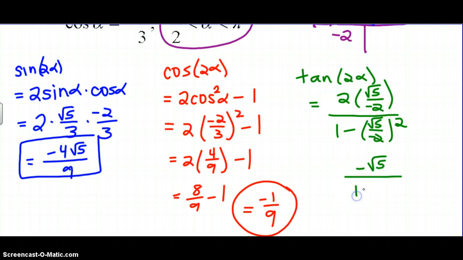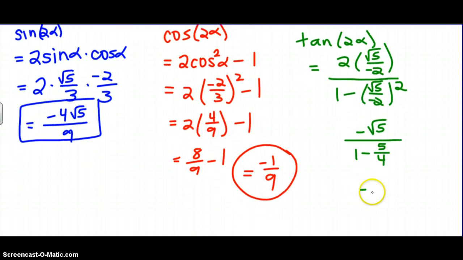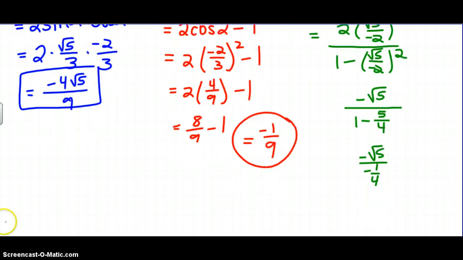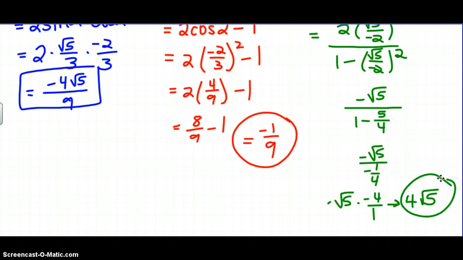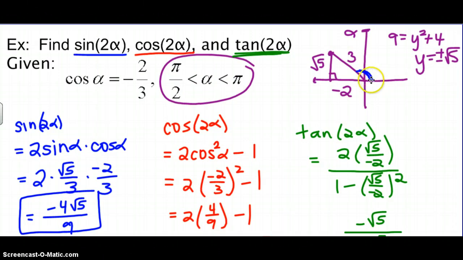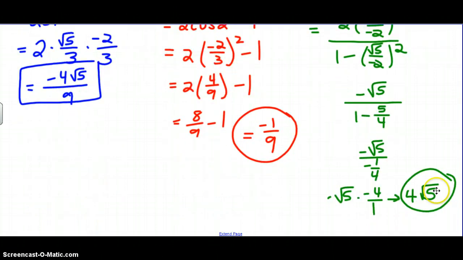On the bottom, I'm going to get 1 minus 5/4. So keep going with my fractions, negative root 5 over negative 1/4. Multiplied by a reciprocal, I'll get negative root 5 times negative 4 over 1, which ends up being a positive 4 root 5. If my double angle ends in the third quadrant, it makes sense that tangent ends up being positive. So that's a way to justify your answers a little bit.